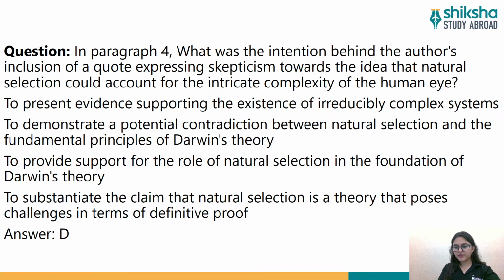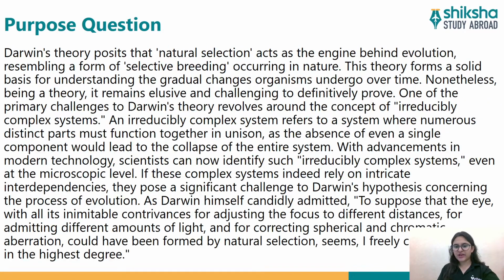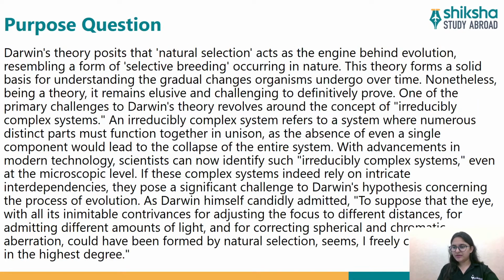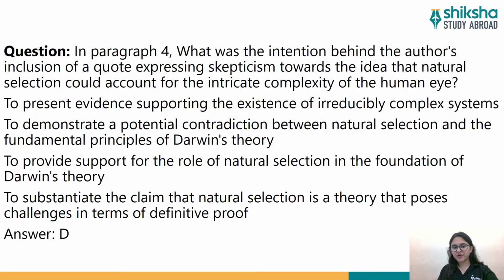You can read all the four options A, B, C, D, and then go back to the passage to relate to the one which is the answer. For example, the answer is D, the last sentence. So you can try to find this purpose in the passage. This is the reason why the author has written the sentence in the text.